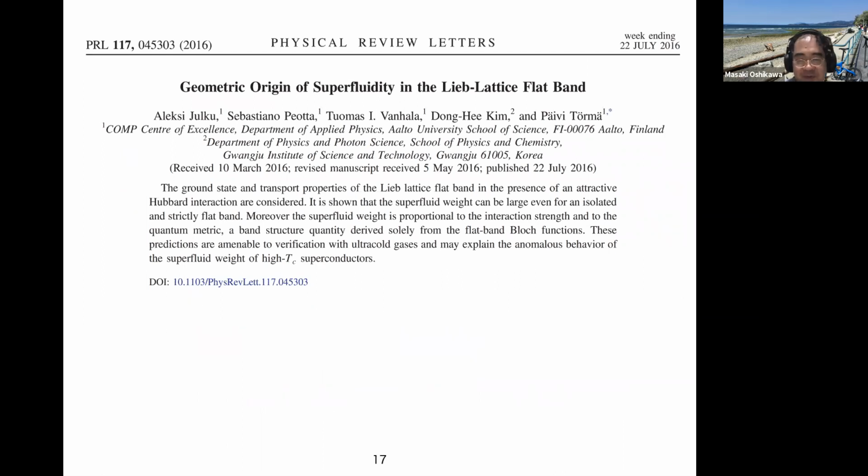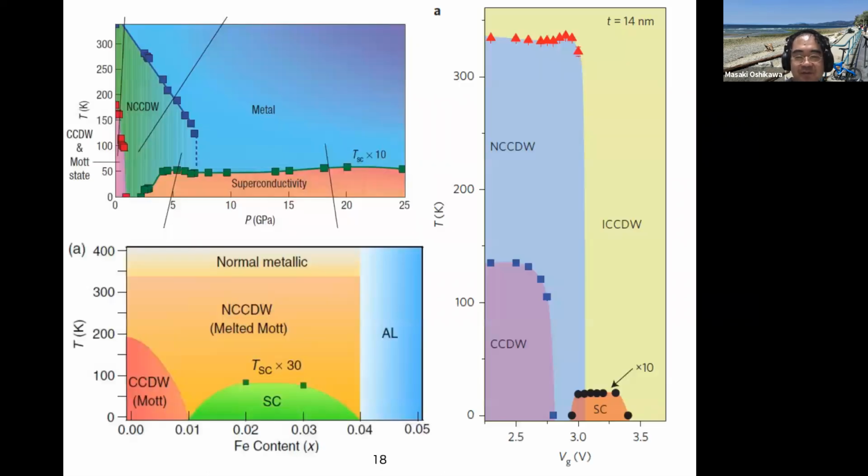Actually, I don't know the true answer, but there are some theories supporting that this flat band might help superconducting order. And this might explain these superconducting phases universally seen at very low temperature, starting from this nearly commensurate CDW phase.